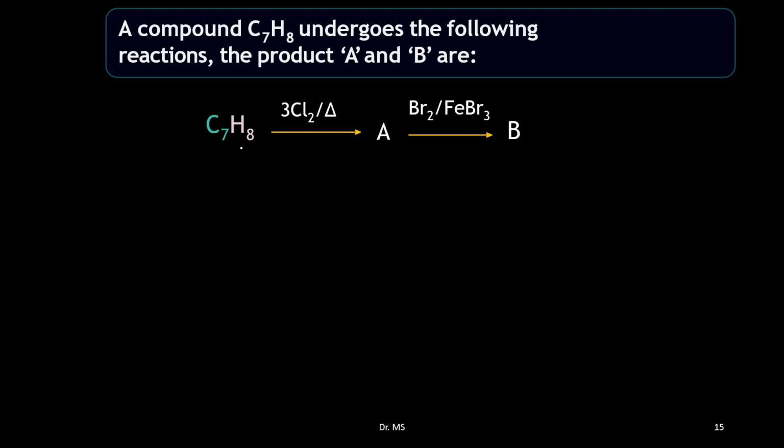Okay. So you take a benzene ring that is having CH3, which is called C7H8. And you are reacting with 3Cl2 and you are heating this process. So you are getting product A as well as product B.